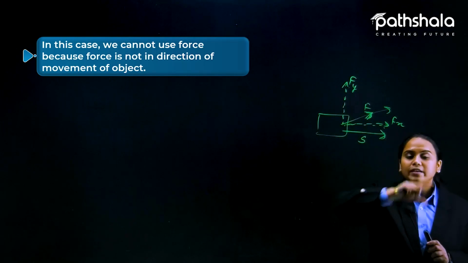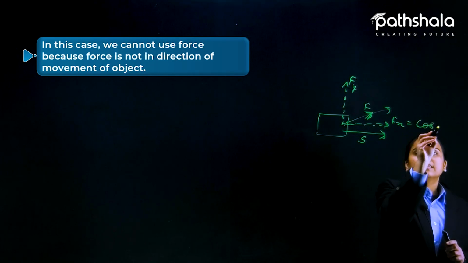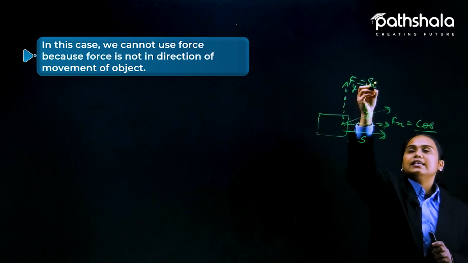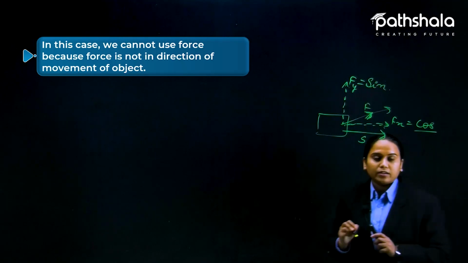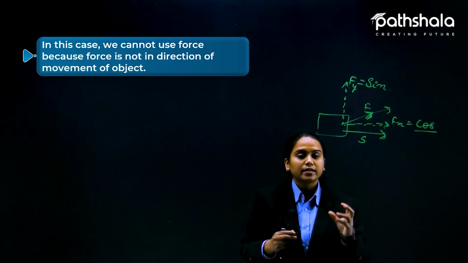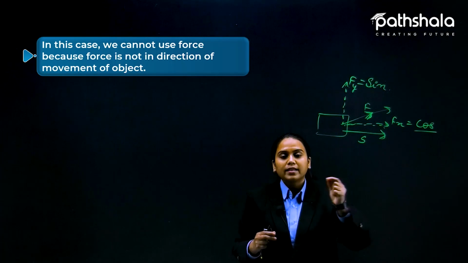Now let me tell you one more thing. This x vector is always considered as the cos factor and this y vector is considered as the sine factor. Sine theta, cos theta, all these are part of mathematics, but physics is relevant to mathematics here.